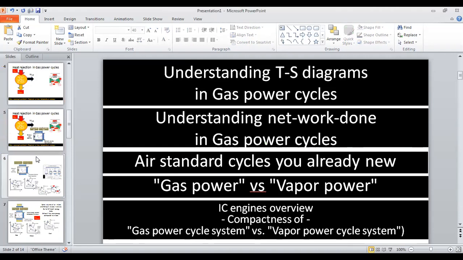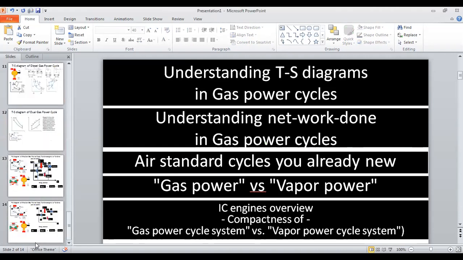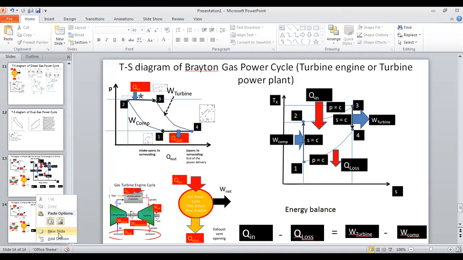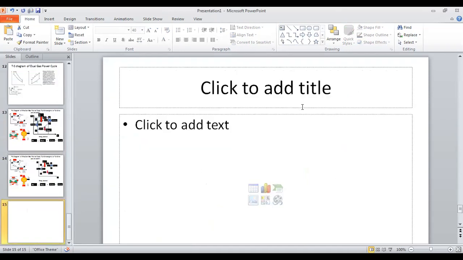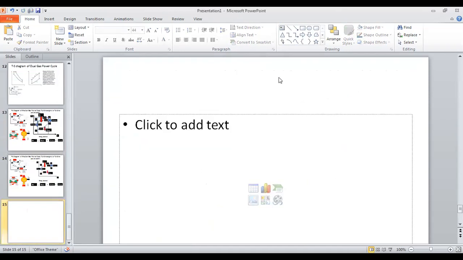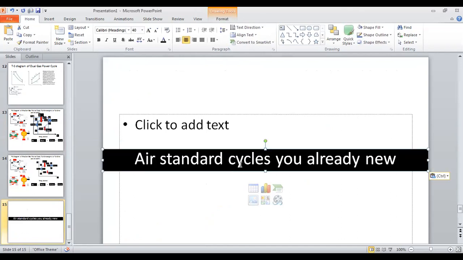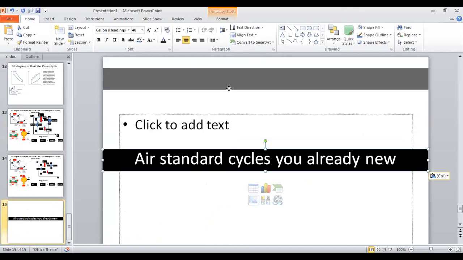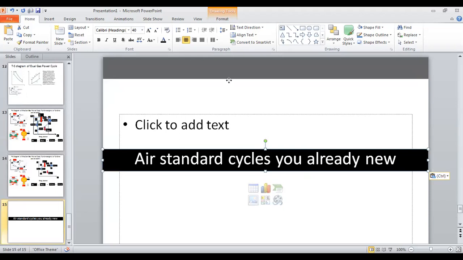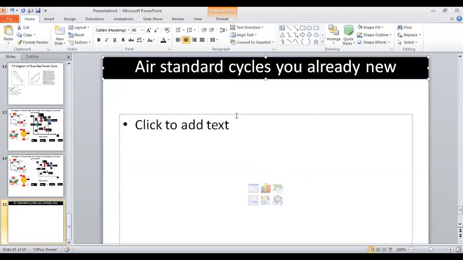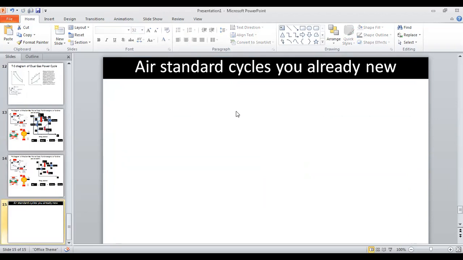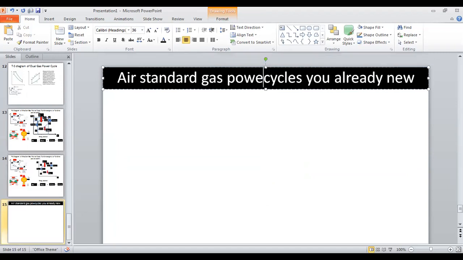We have standard cycle, so I will take the item 3 on. Item 2, I have to take a little time. They are standard. What cycles? Gas power cycles.